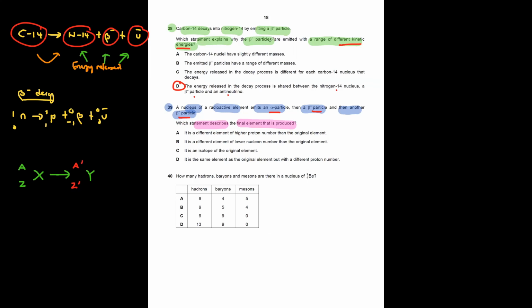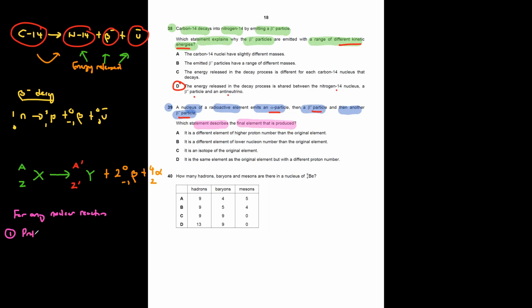This will then decay into another unknown element whose nucleon number is A prime and proton number is Z prime. You have two beta-minus particles emitted and one alpha particle emitted. You know that in any nuclear reaction which includes decay, there's always conservation of proton number and nucleon number.